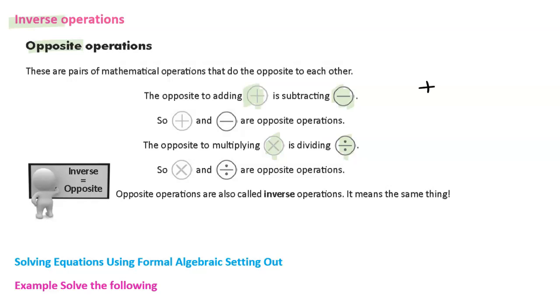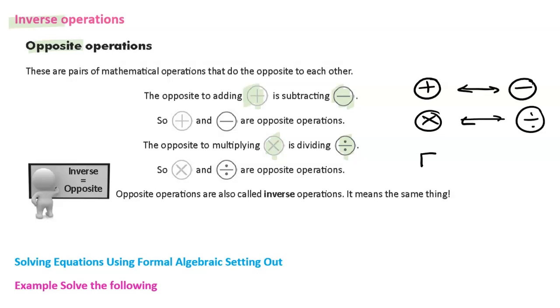So I like to remember adding and subtracting are inverse operations, multiplying and dividing are inverse operations. I wonder if you can remember any other inverse operations that we've done this year. I like to remember that raising something to the power of 2, I should say. The opposite or inverse operation to that is taking the square root of something.